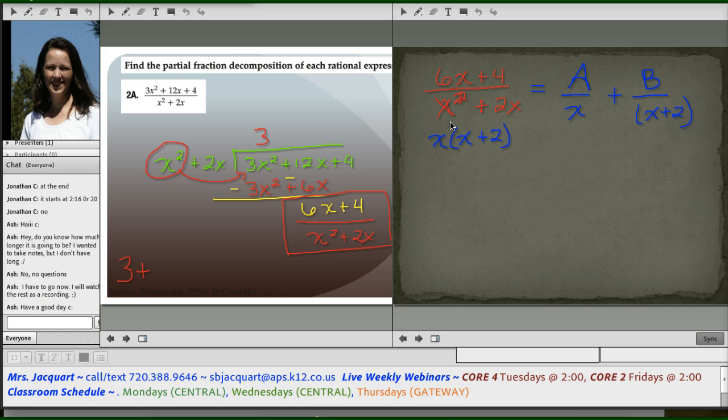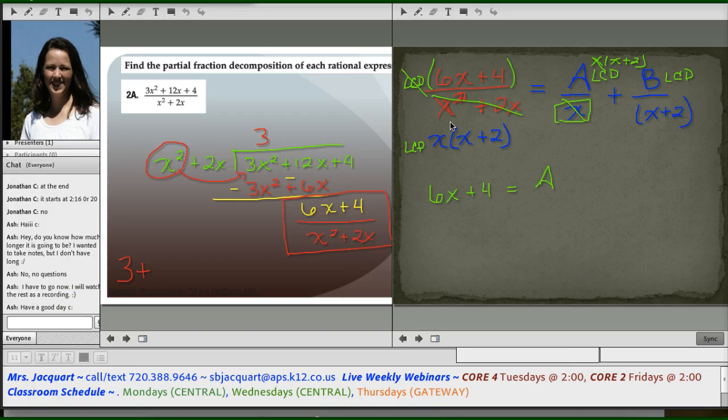Okay, now the next step was to multiply everything by this LCD. When I do that, I'm left with 6x plus 4 equals a times x for my LCD, which is x plus 2.